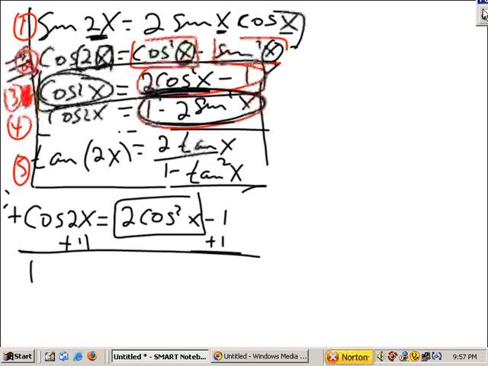Here's the 1 I just added, and I added it to plus cosine 2x. So I get 1 plus cosine of 2x. On the right-hand side, I get 2 cosine squared x. Now I divide the right side by 2, and I divide the left side by 2.